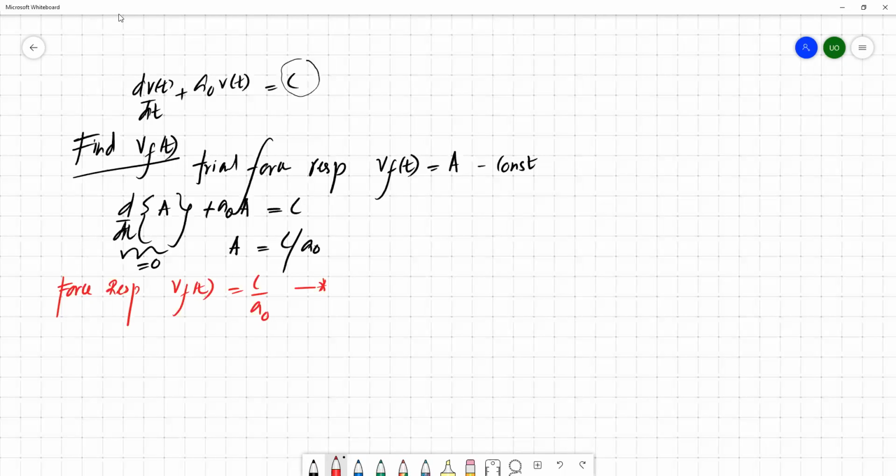C is a constant, and a naught is also a constant which depends on the RCL values of the circuit. So ultimately we'll end up with a constant value for the forced response. We start with the natural response there. Find the natural response, find v_N(t).